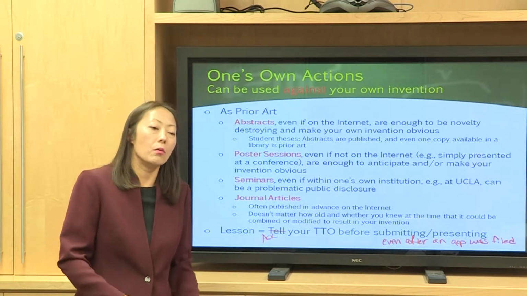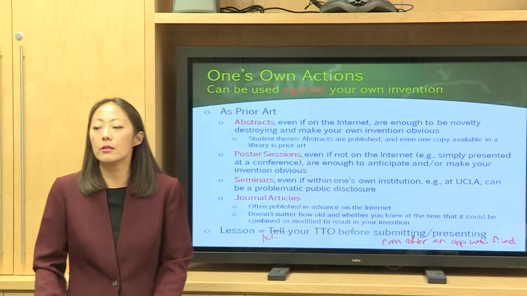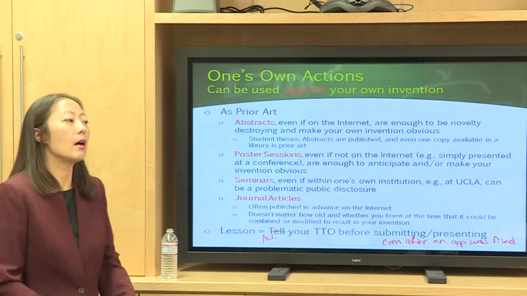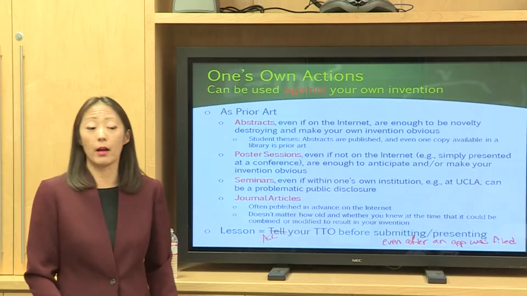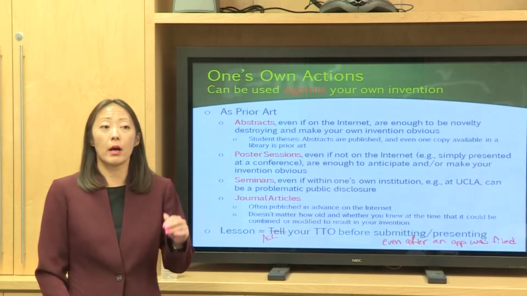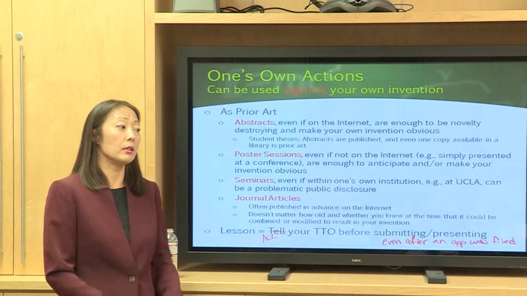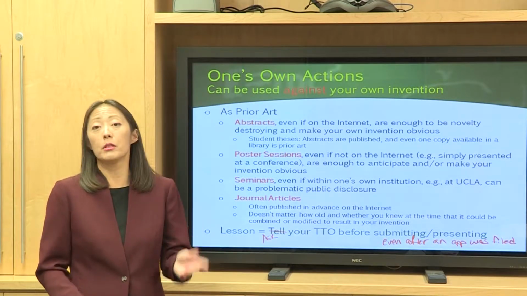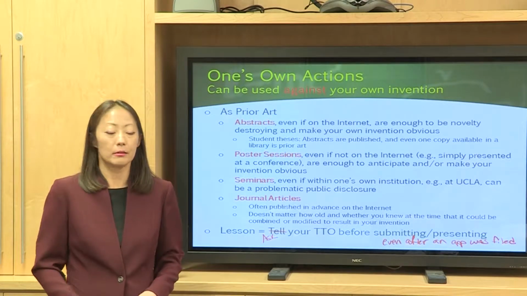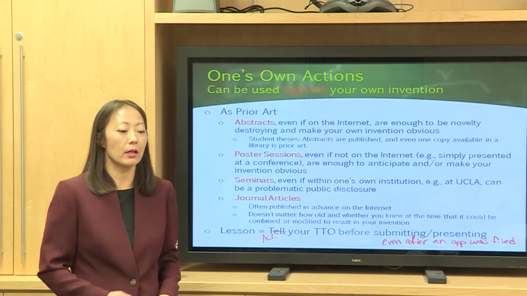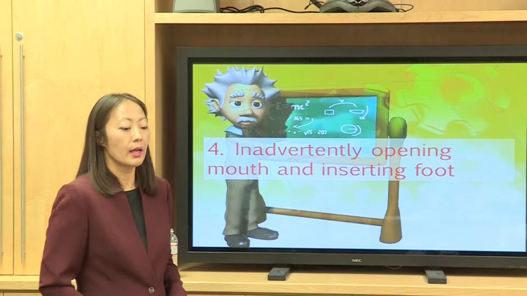But no, we need to review the new data and make sure that it's encompassed in the patent application that was previously filed. Because if we don't, you might lose absolute novelty. It could be used against your future inventions. So make sure that you let us know about it and we talk about it.